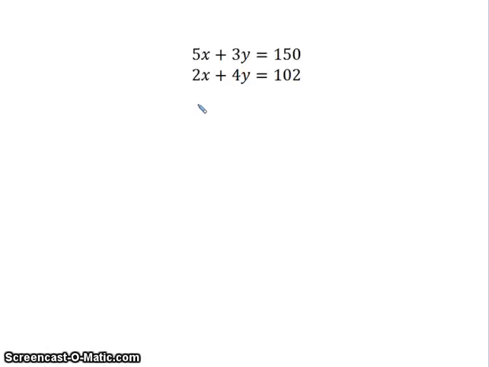So what we want to do is choose one of the variables to eliminate. In this case, I'm going to choose to eliminate x. So what I want to have here are 2 coefficients that are the opposite. In order to make that happen, I am going to multiply the first equation by -2 and the second equation by +5.